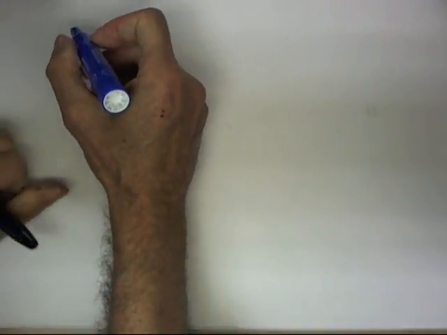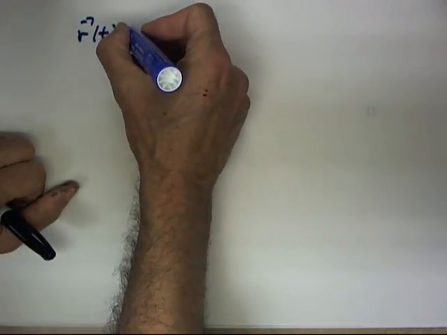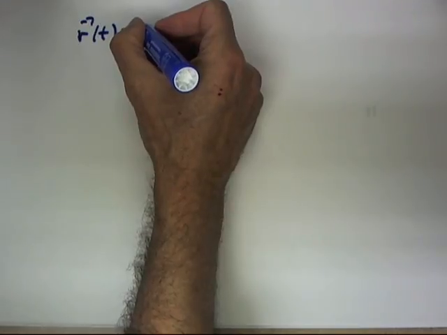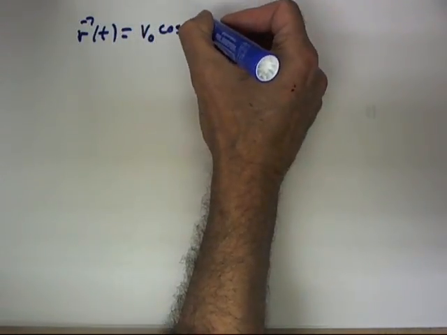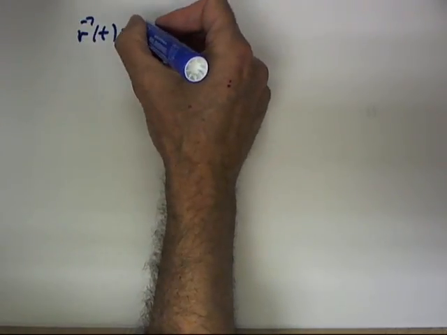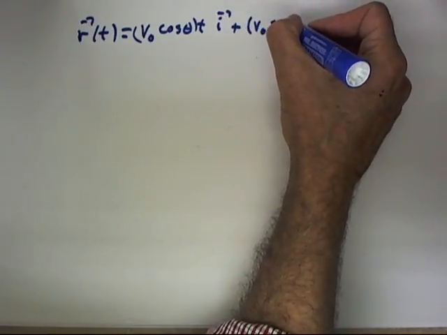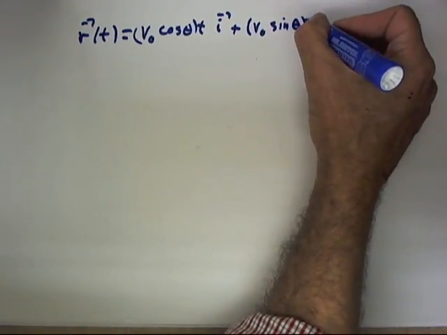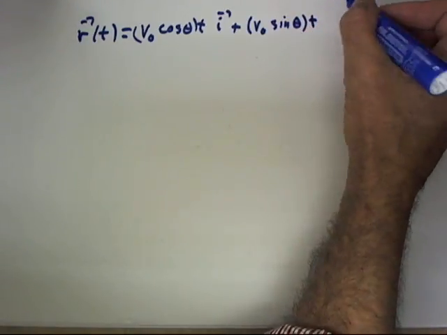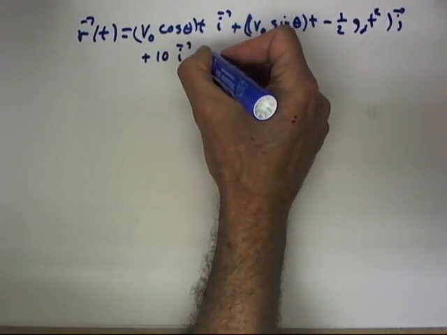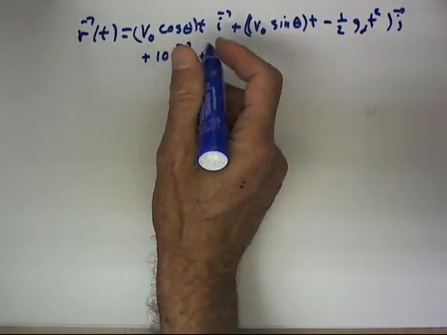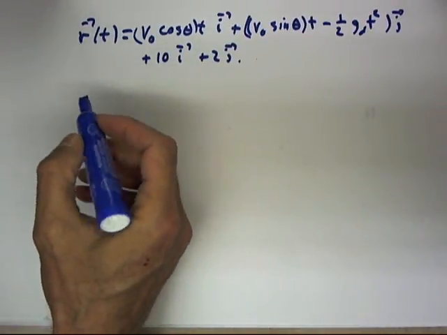Remember, our vector function now is r of t equals v naught cosine theta times t times i plus v naught sine theta times t minus 1/2 g sub d t squared j plus our 10i plus 2j vector. And I should have distributed that within the i and the j component. I'll do that in the next step.